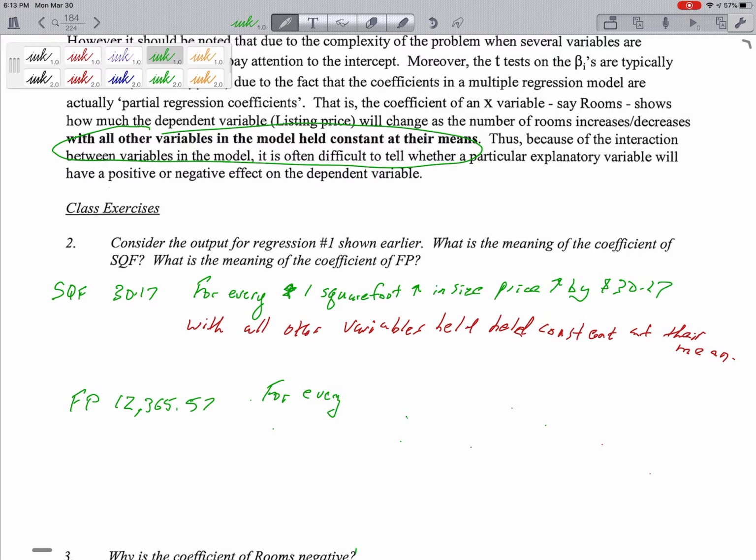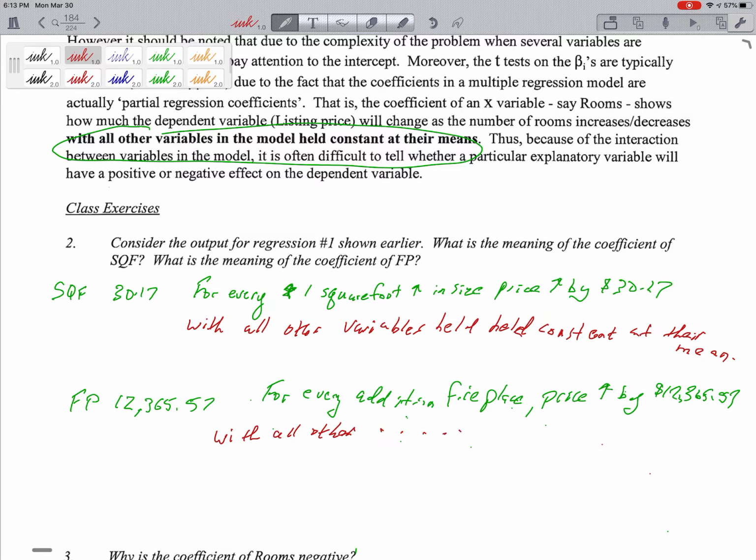And so we would say that for every additional fireplace, price increases by $12,365.57, with all other variables held constant at their mean. We'll see what that means when we get down to the next question here.